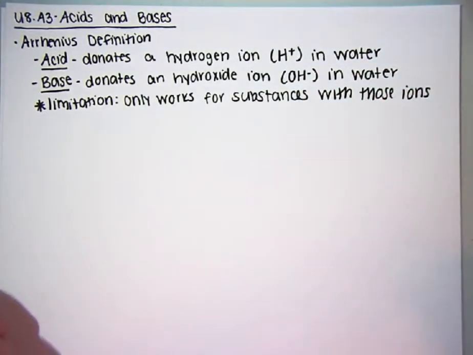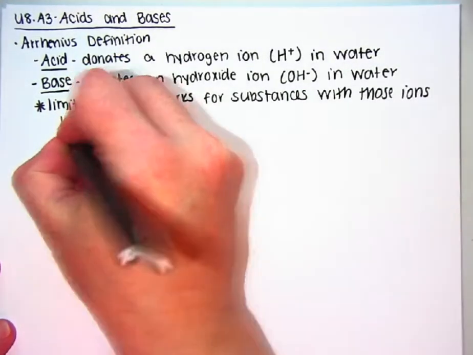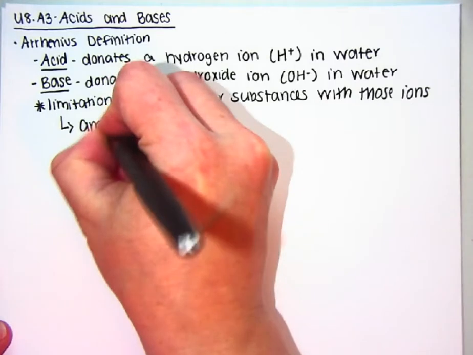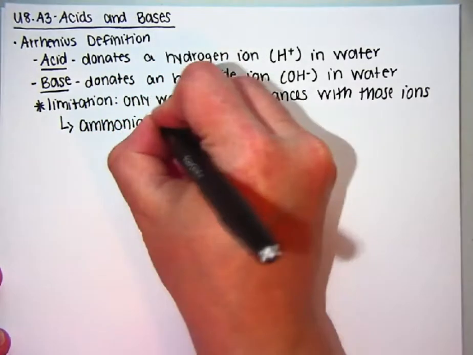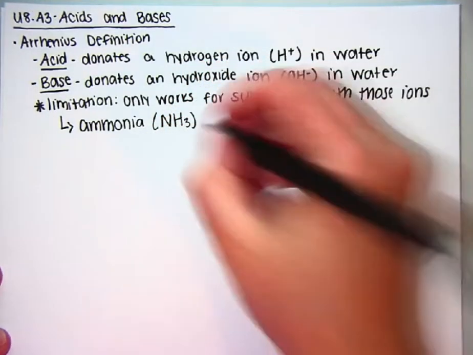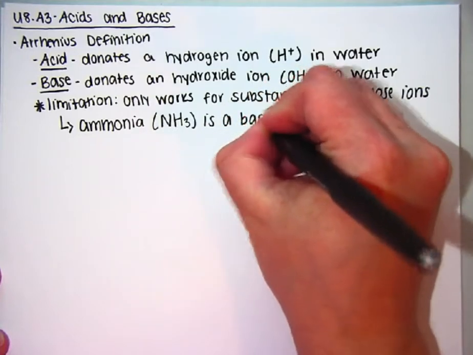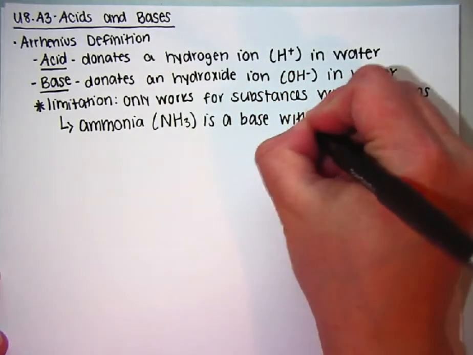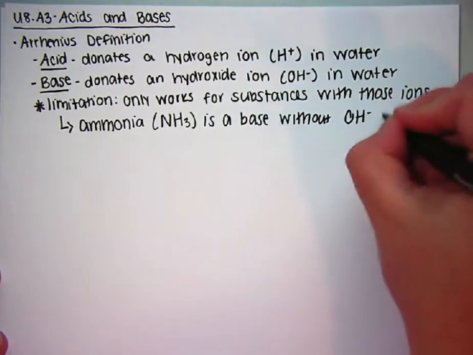So an example where this definition does not work is ammonia. Ammonia is NH3. Ammonia is a base without hydroxide ions.